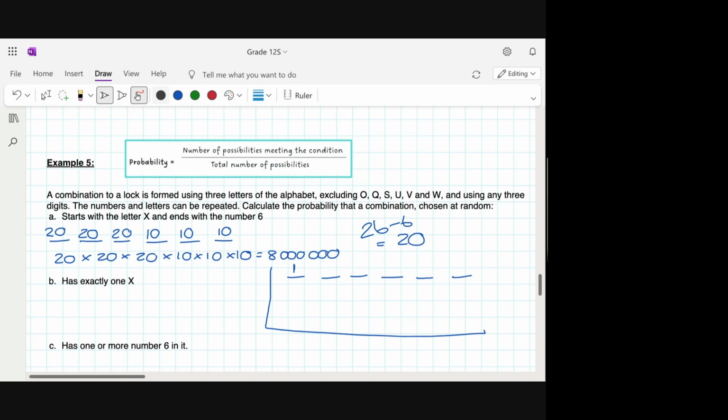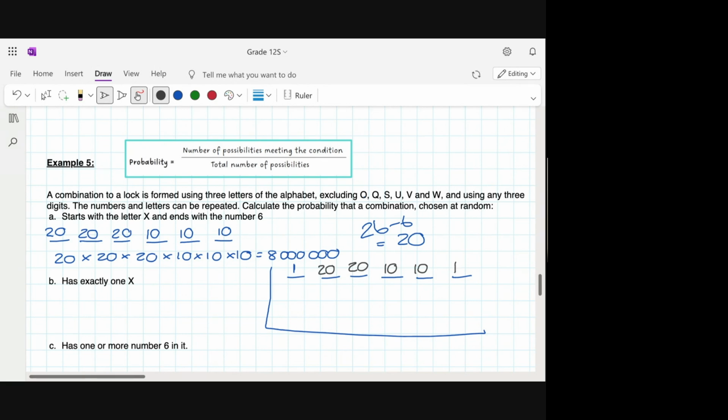It's not telling me that I can't use an X again. It could be X, X, and X. So I could still have 20 and I could still have 20 here. Then I've got 10 options here for digits, 10 options here for digits, but for my last digit, I'm using the number 6, so I've only got one option here.